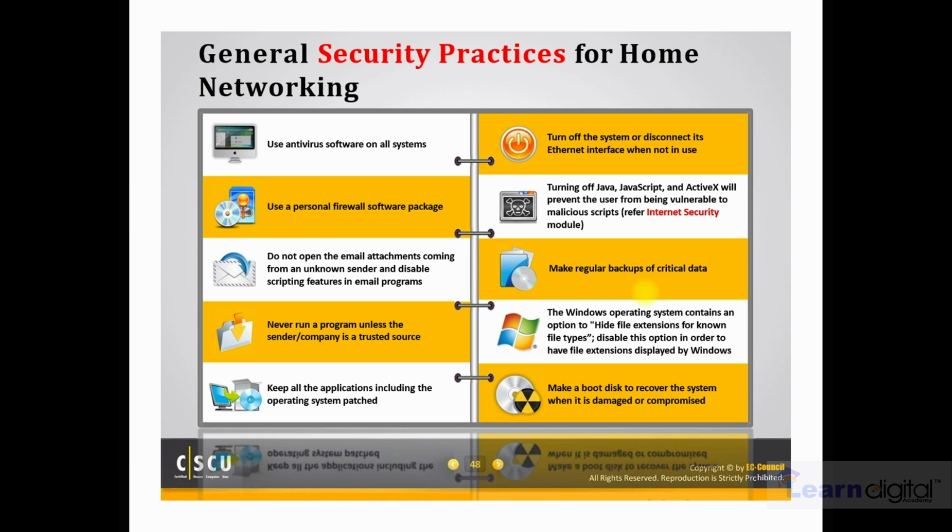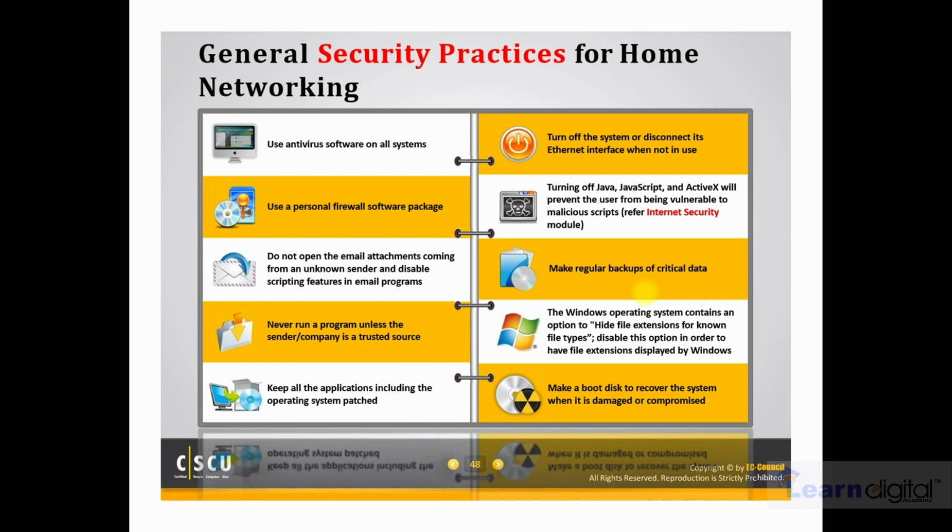And the general security practices for home networking: you can use antivirus software programs and a personal firewall. Do not open email attachments coming from unknown senders, and you can also disable the script features in the email program. Never run a program unless the sender and company are a trusted source. Please keep all the applications, including the operating system, patched.